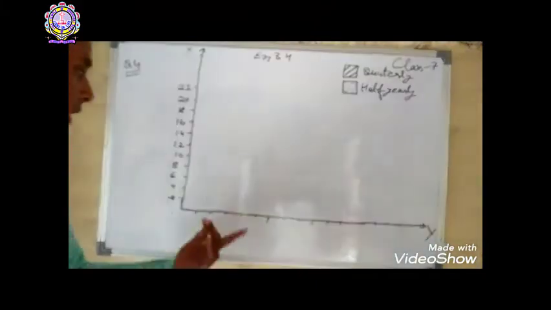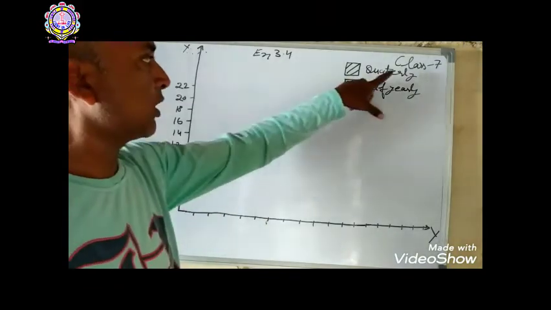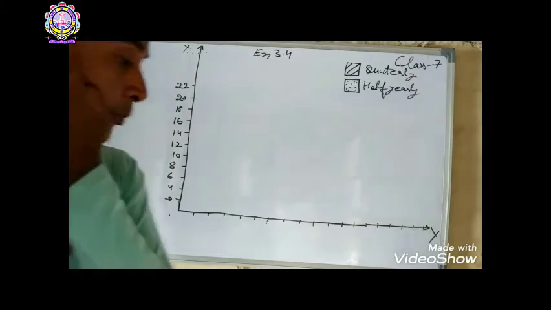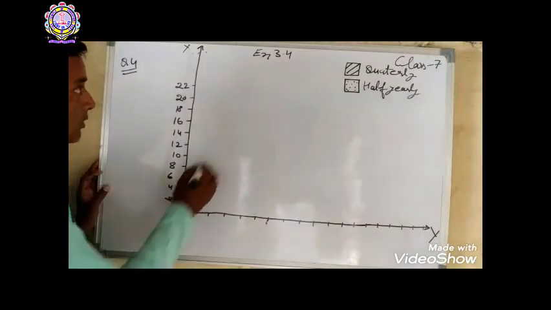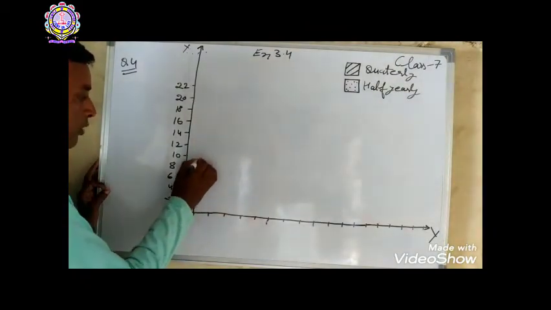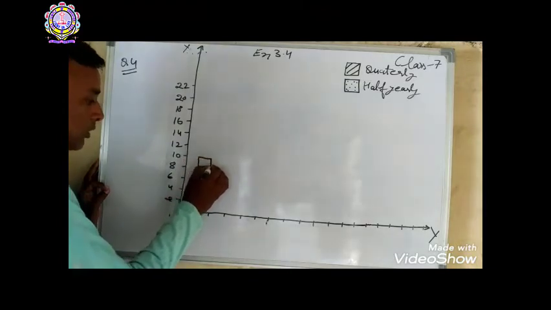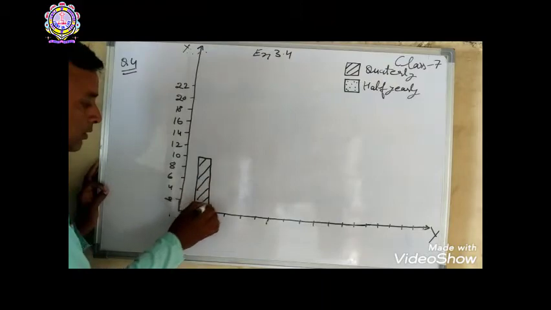5 to the 10. Okay, we can get. So here we use the double bar graph. First is quarterly and second is half yearly. So first, quarterly gets 10 marks, so we draw the 10 marks column like this.